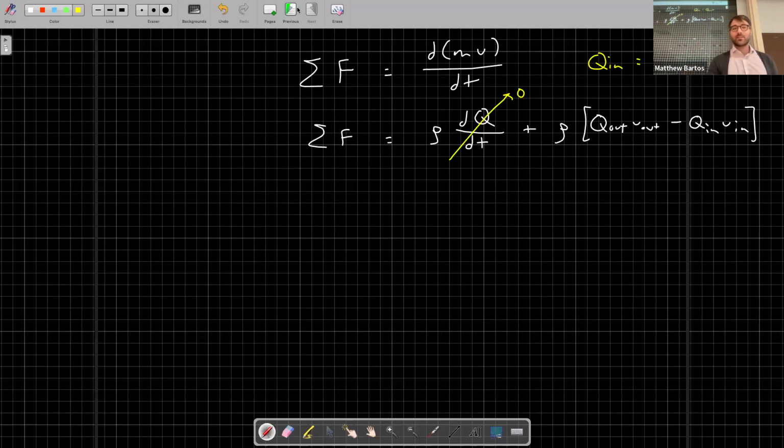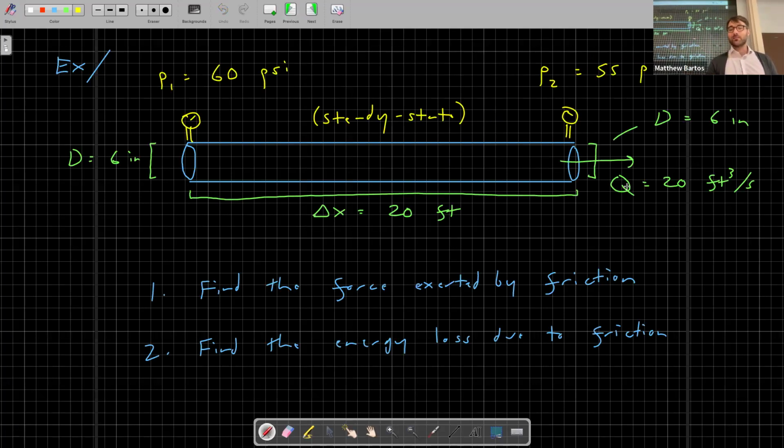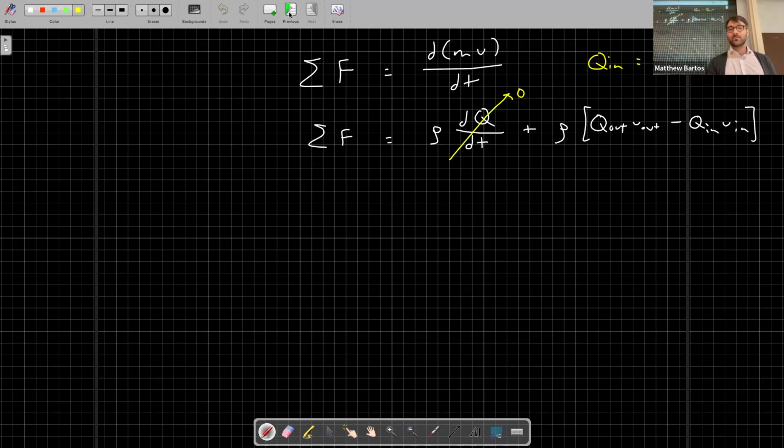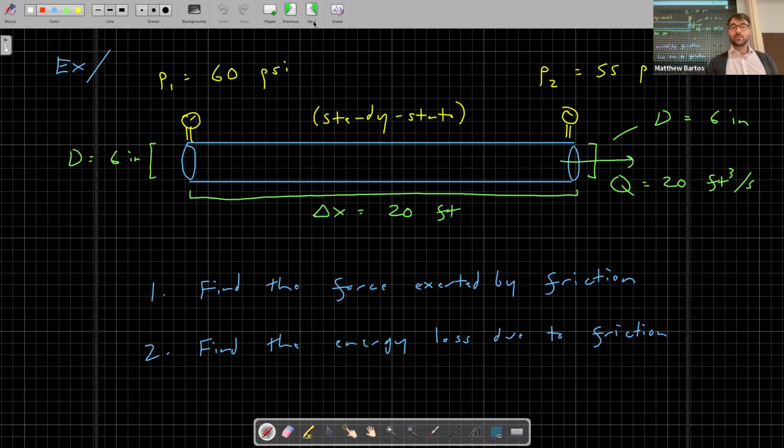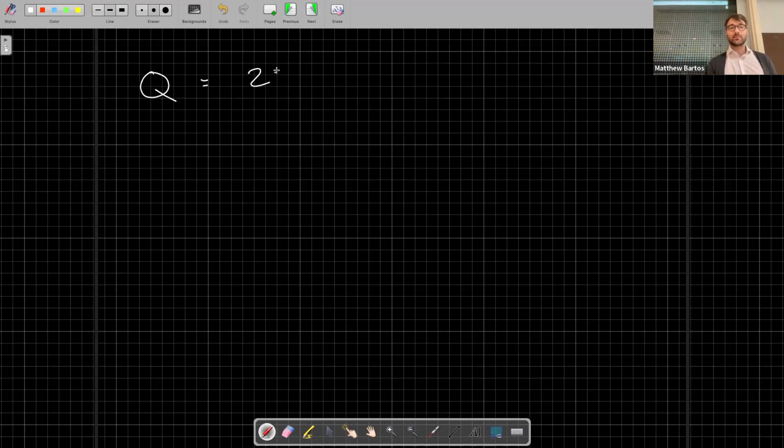Let's think about it in terms of this pipe here. So we have Q equal to 20 cubic feet per second. What is the area at the upstream end?